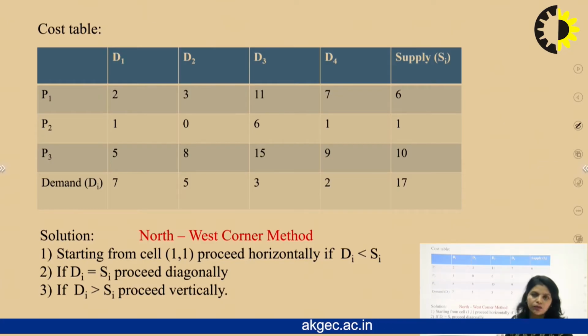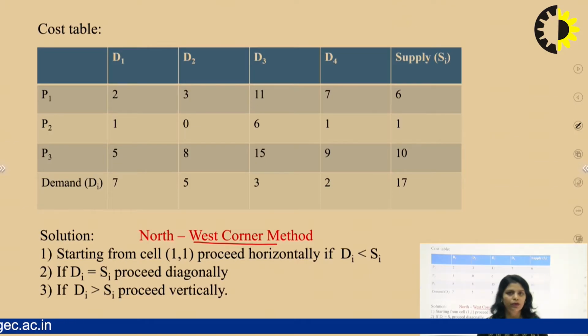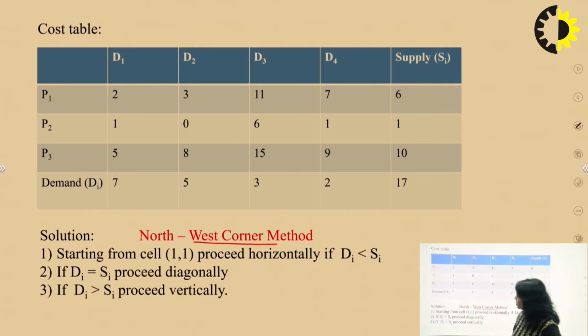Now we will solve this problem with the help of the different methods. First we are going to use the northwest corner method. There are some steps for this. The first step is that we will start from cell C11. C11 is this one, so we will start from here.